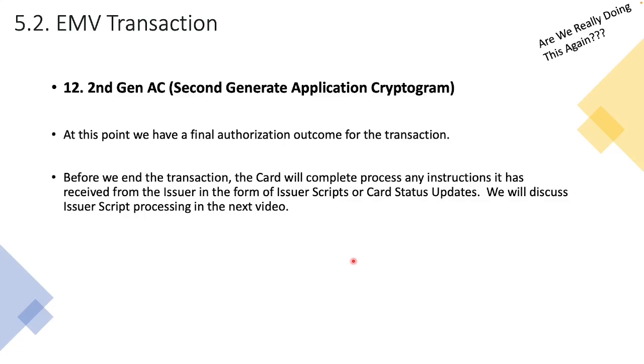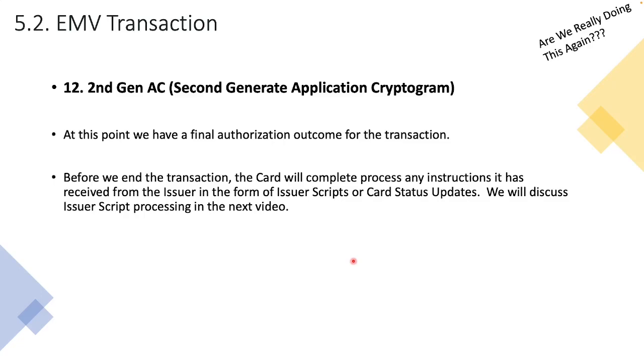Okay, before we actually end the transaction, if the issuer host has sent back any issuer scripts for the card to process, it will now process them before it ends the transaction. There's also something called card status updates, or CSU, that could also be present in the transaction response, and if any processing is required, the card will do this before it finalizes or completes the transaction.